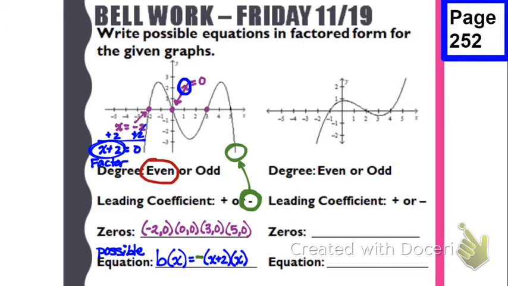What would it look like for this one? What would my factor be? X minus 3. Because x minus 3 equals 0 when I set it equal to 0. And what about my last one? X minus 5.